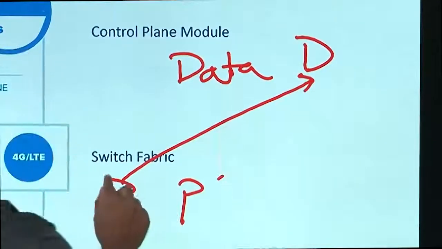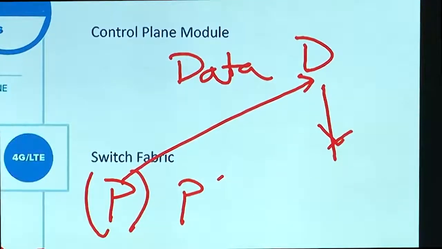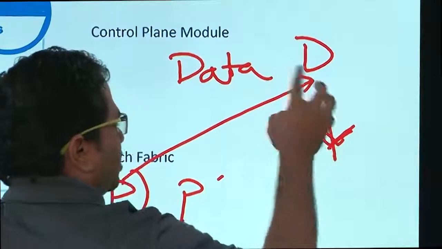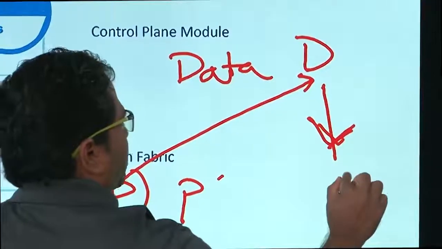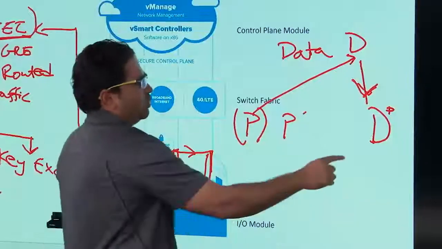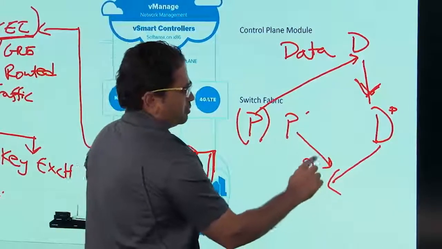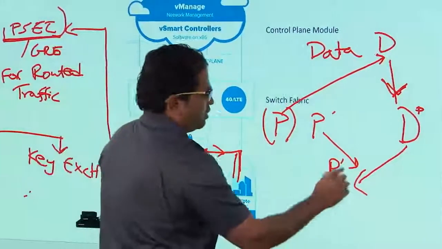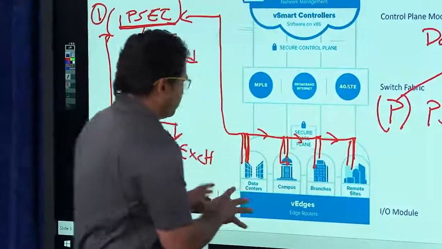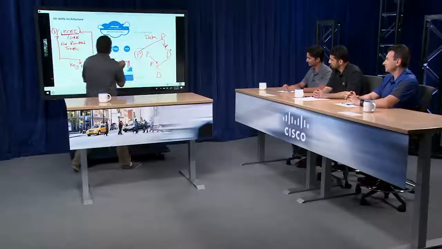You could use key P to create a jumbled version of D, which we can call D of P. And the only way to get D back is to use P prime. So this is where we're describing asymmetric encryption. Asymmetric keys, yeah.